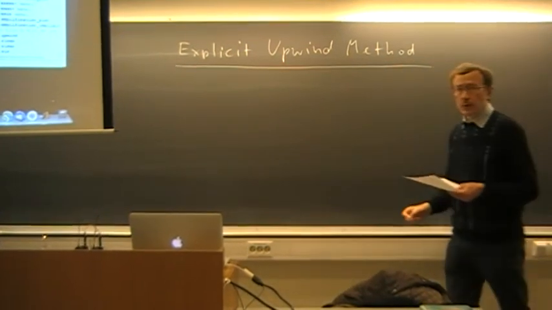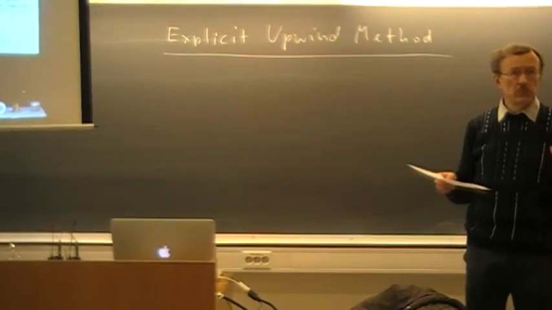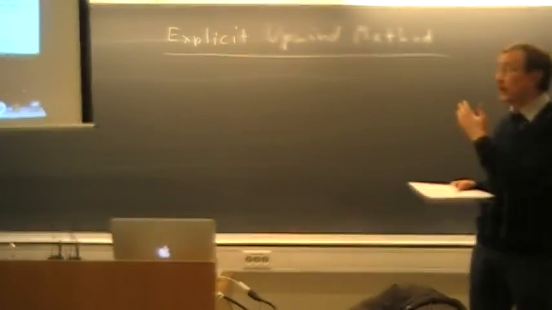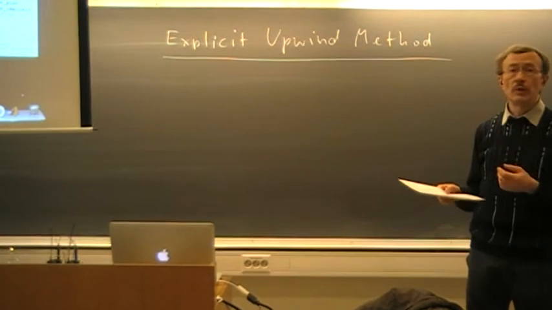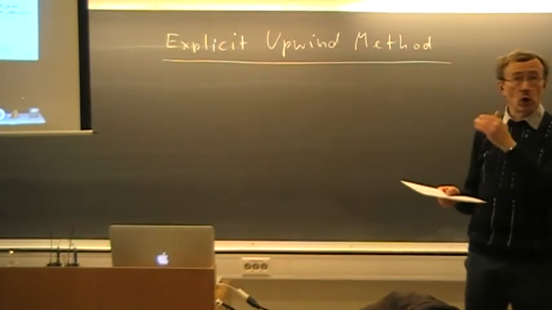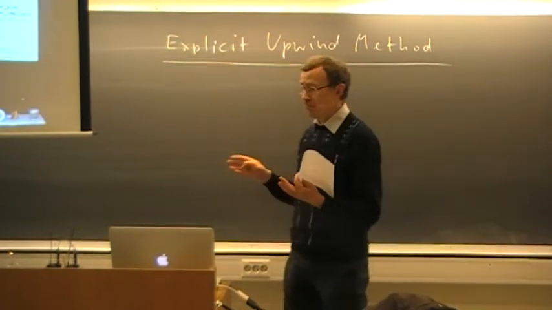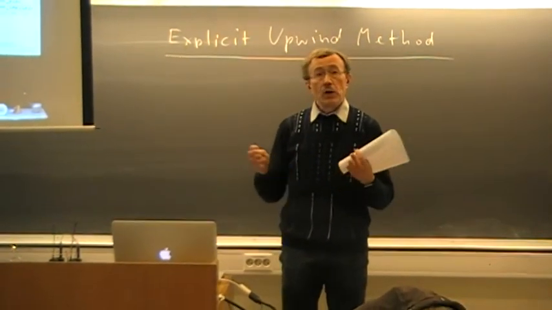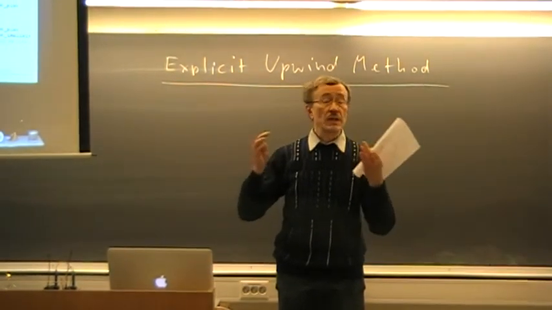There we argued, instead of taking the difference approximation in space central, as we did with success for the diffusion equation, the heat equation, here we have a different thing. Here we have a propagation problem, and the information is coming along the characteristics. In our case, an unknown initial condition is simply transported.